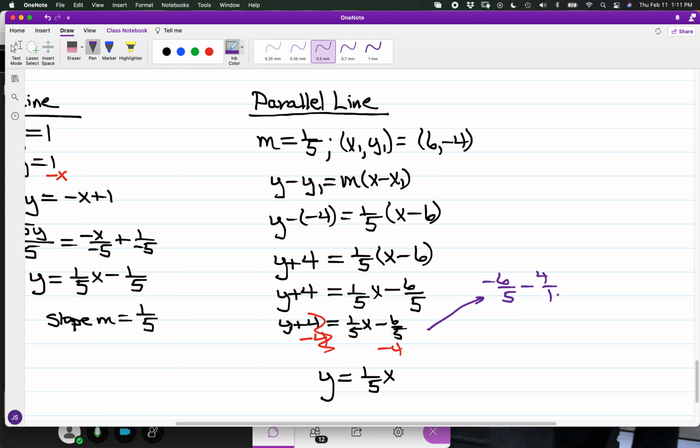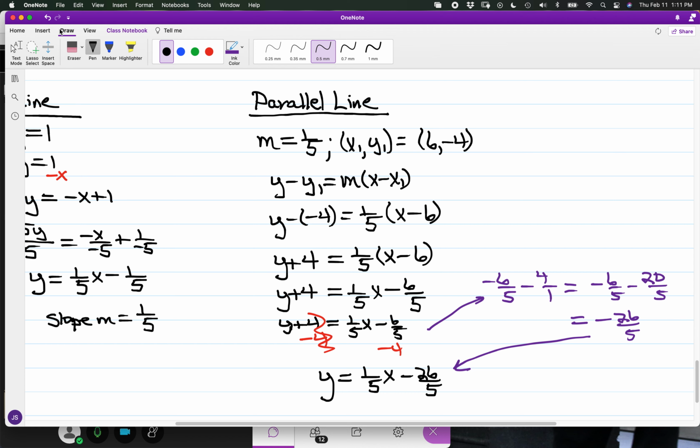You just regard that as minus 4 over 1, and just write it in terms of a fraction over 5. So 4 over 1, that's going to be 20 over 5. And we have negative 6 minus 20, that's going to be negative 26/5. Okay, so in this case we have y is equal to 1/5 of x minus 26/5.